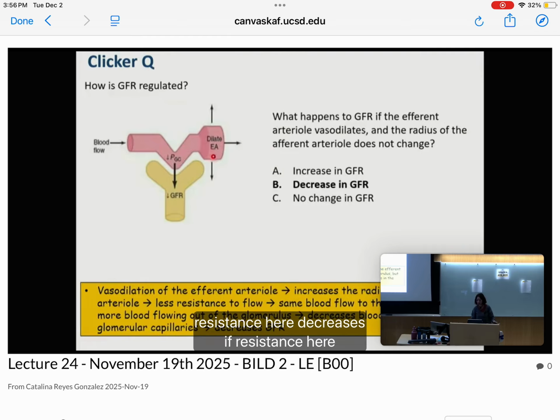So the resistance here decreases. If resistance here decreases, there's more blood flow. So more blood flow leaving the glomerulus, but the same blood flow as before coming in. So you end up with lower blood volume here, which decreases the capillary pressure. And if we decrease the capillary pressure, that's the driving force for filtration, then filtration decreases. Expect questions like this in the final, okay? I'll let you guys go and we'll continue with the rest later on.